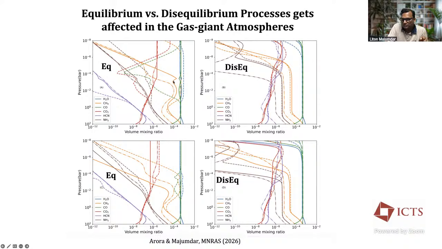So if you really want to understand the chemistry of Earth-like planets, atmospheric chemistry plays a much bigger role, because then you need to understand whether, for potentially all the biosignature molecules you are interested in, there is an atmospheric chemistry origin. If they have one, they would not be treated as a potential biosignature. So it is important to look into the details of how atmospheric chemistry plays a role in Earth-like atmospheres. Okay.